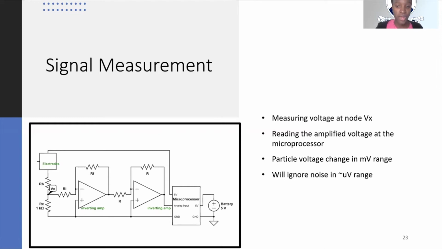To make sure that noise doesn't affect as much, we need to make sure that the voltage we're measuring is orders of magnitude larger. And the way we can do this is increasing the channel size.